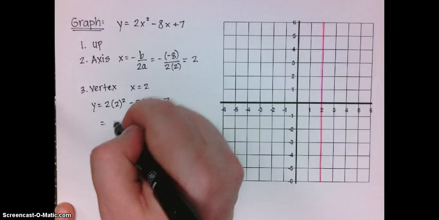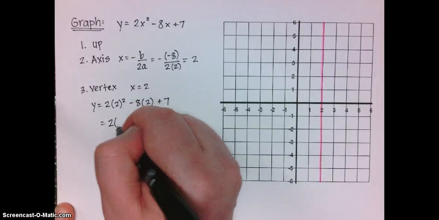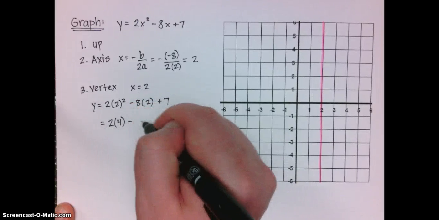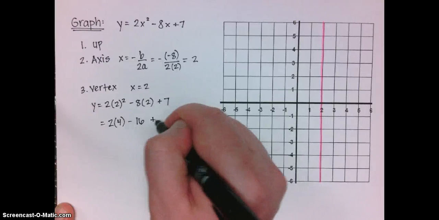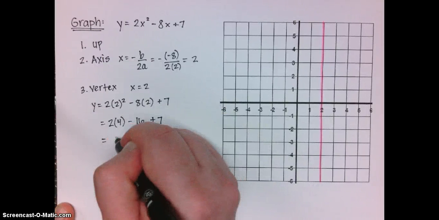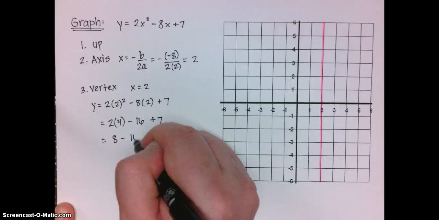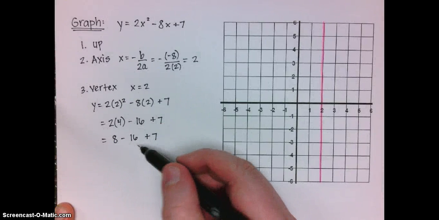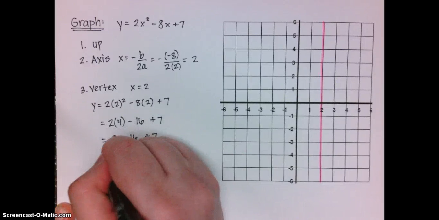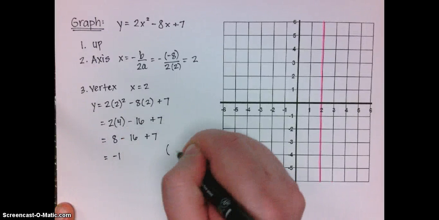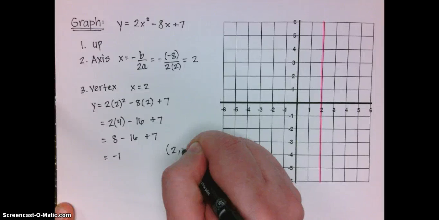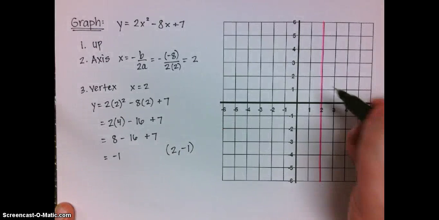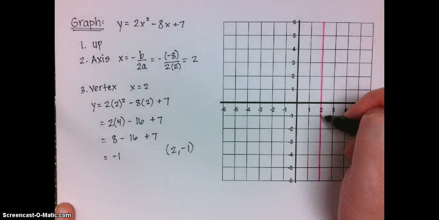This is 2 times 4 minus 16 plus 7. 2 times 4 is 8 minus 16 plus 7. 8 minus 16 is negative 8, plus 7 is negative 1. So the coordinate for the vertex is going to be at 2, negative 1. So 2 over, negative 1.